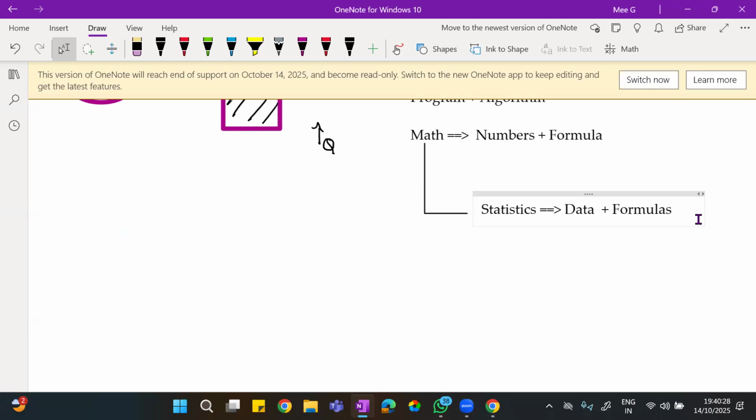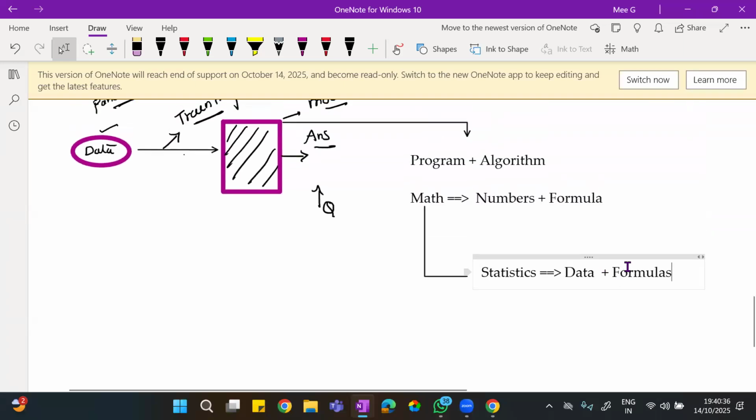Now you have a broad view of what an algorithm is. It is a formula, but we follow a step-by-step process to implement this logic. This is called an algorithm.